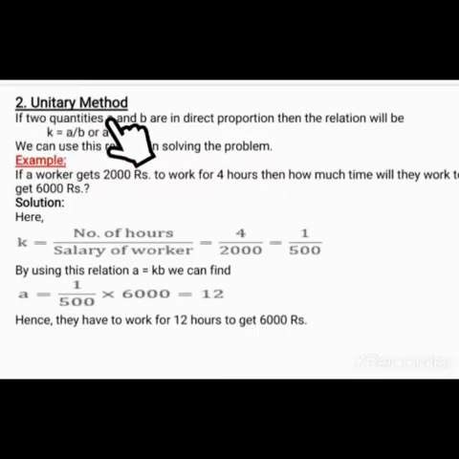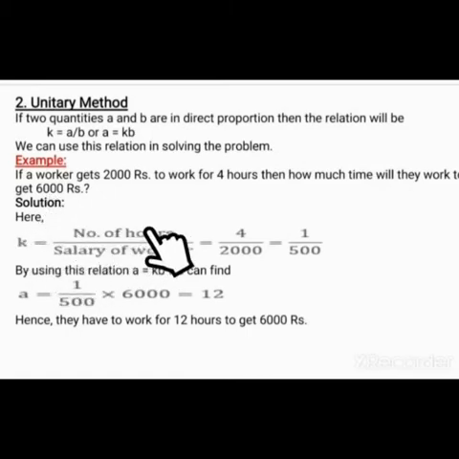Second one, unitary method. If two quantities A and B are in direct proportion, then the relation will be K equals A divided by B, or A equals KB. We can use this relation in solving the problem. If a worker gets rupees 2000 for working 4 hours, then how much time will they work to get rupees 6000?